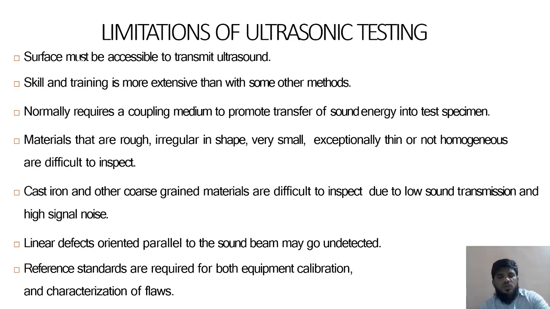Because of those voids the sound cannot transmit, because every few seconds there will be some small holes which try to avoid it. We know that a vacuum will avoid sounds. So because of that it causes a lot of difficulties to study cast iron, and we need high signal to noise ratios. Linear defects oriented parallel to the sound beam may not be detected.